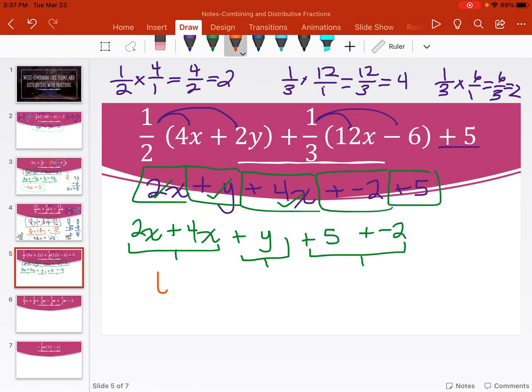So 2 plus 4 is 6x, y is by himself, so plus y. And then 5 plus negative 2 is just 5 minus 2, which gives us 3. So our final answer is 6x plus y plus 3.